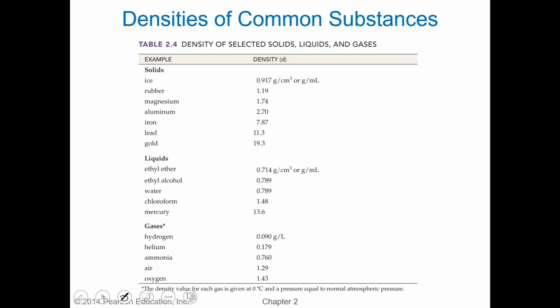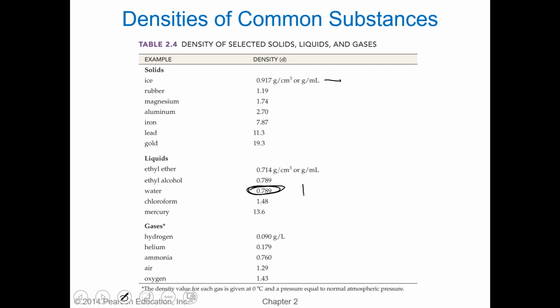Here are just some examples of densities of very common stuff you're going to see. Pretty much everything you have to memorize as far as constants in here is going to be for water. So you need to memorize ice, water. I don't see water on the list. Here's water. And this is a typo. This is incorrect.